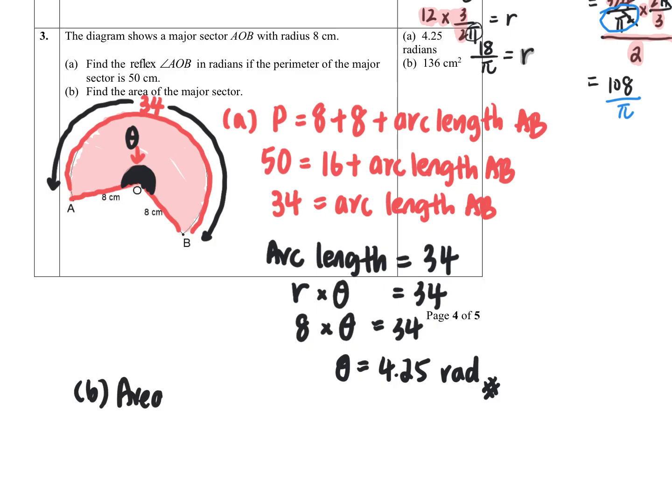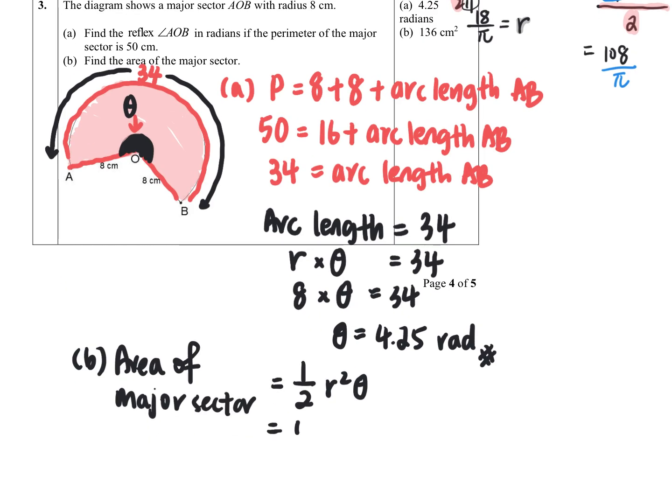Okay, so Krishvan, can you help me to find area of major sector? What's the formula? Okay, half R square theta. So what should I sub in? What is the R? Okay, then what's the theta?